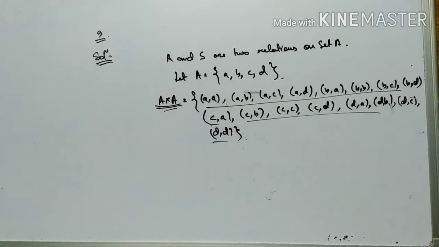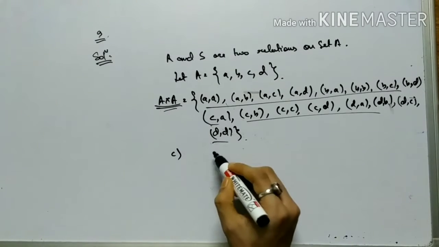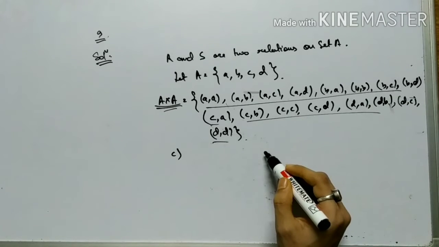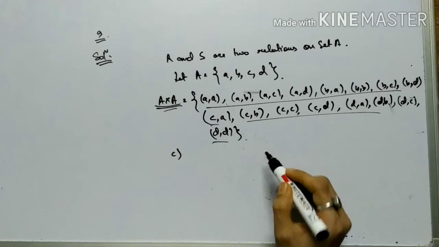In number C it is saying that if R and S are symmetric, then R union S is also symmetric.